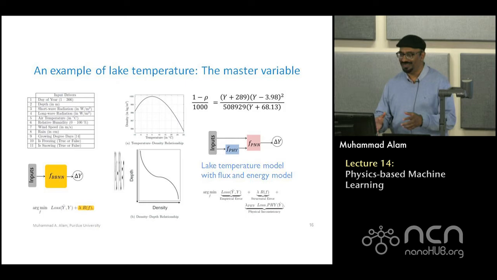But you can immediately see that there could be many combinations that can give you the right surface temperature, which could be wrong when you go down in the water. Not completely wrong, but there's no guarantee that those will be correct. And if those are not correct, the corrective things that those officials will take, like adding more food for the fish or doing something about it, would be completely wrong.